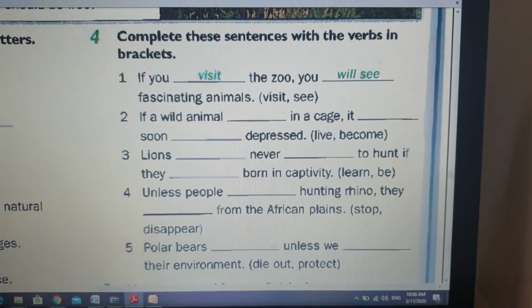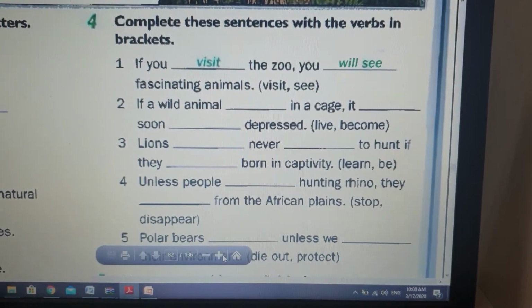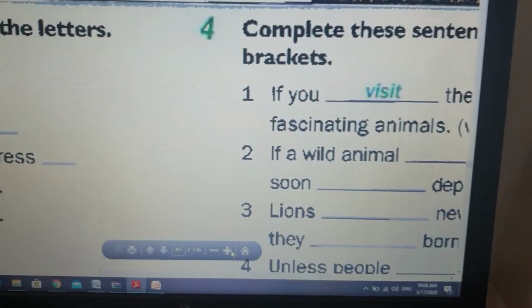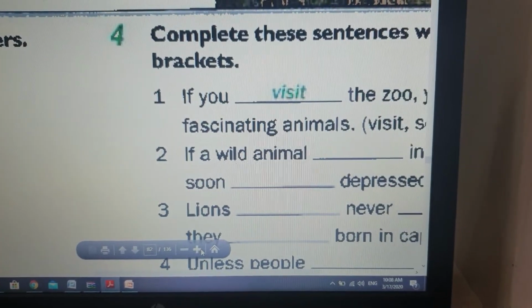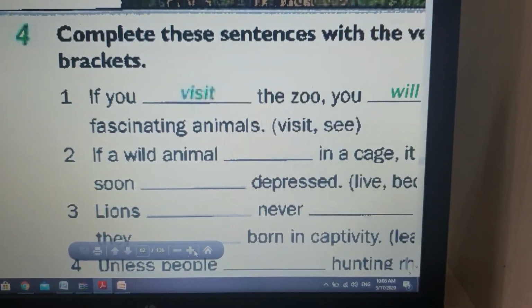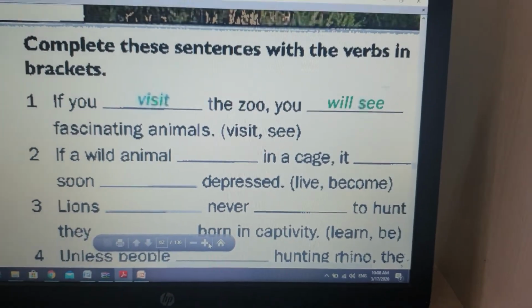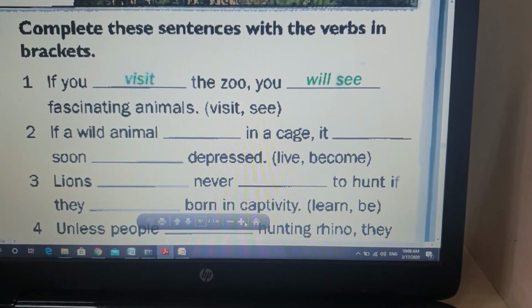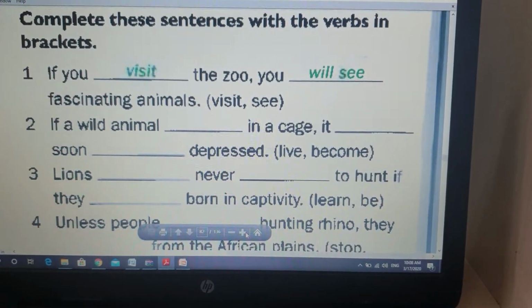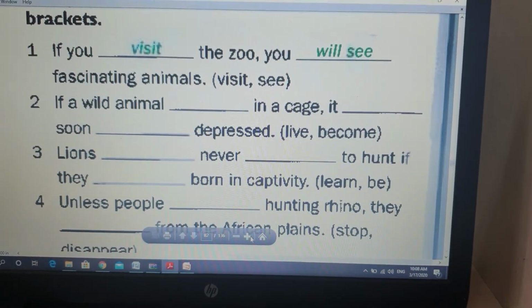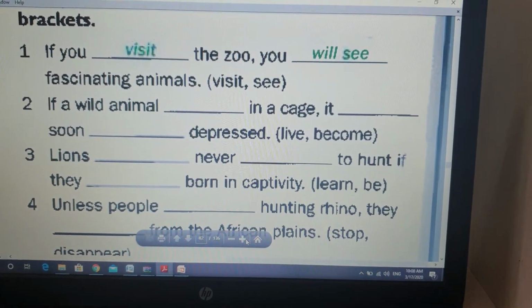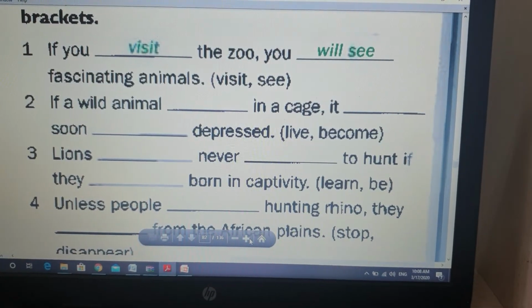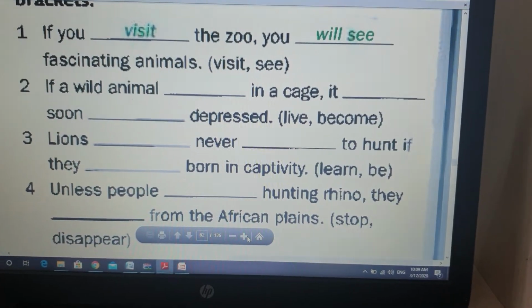And now let's apply in activity number 4 in the pupil's book, student's book. Complete the sentences with the verbs in brackets. Also on page 82, students. Number 1 is already done for you. If you visit the zoo, you will see fascinating animals.